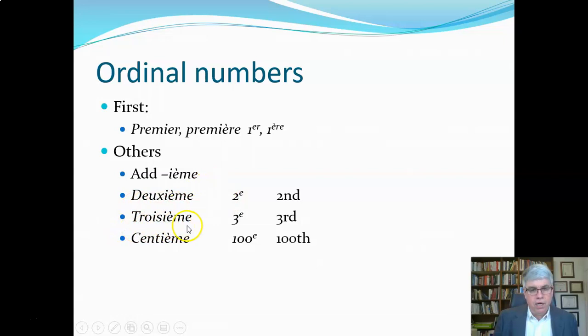Deuxième, troisième, centième would be the second, third, or hundredth. So that's how we make the ordinal numbers. So if you see these little e's up there, that's kind of like th in the superscript, or the ième would be the ordinal number suffix.